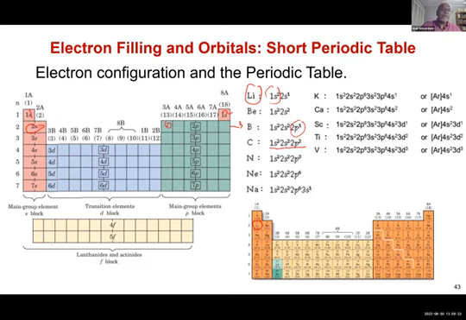You start with here, 1, 2, 3, 4, 5, 6. That's where the carbon is here. Carbon is right here. So that is the carbon electron configuration. Therefore, nitrogen is 1 more electron.